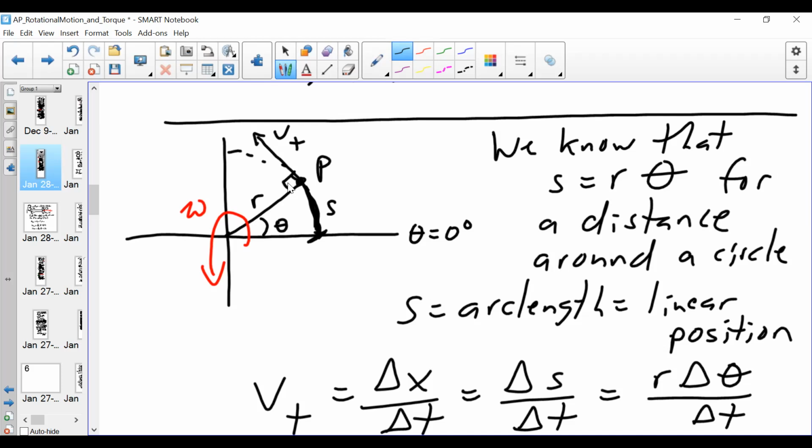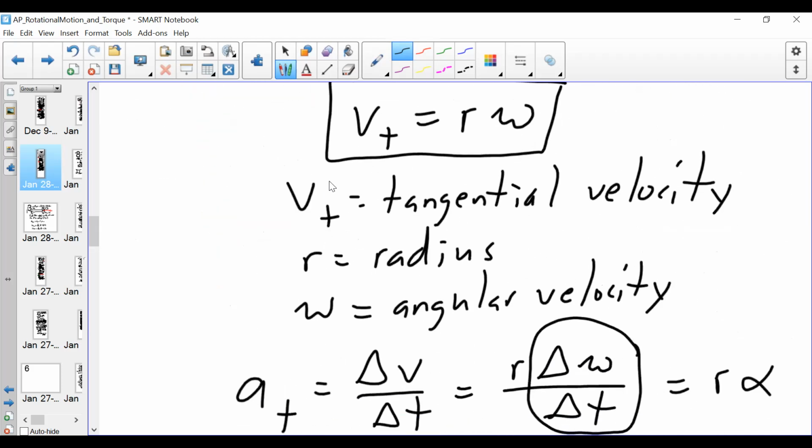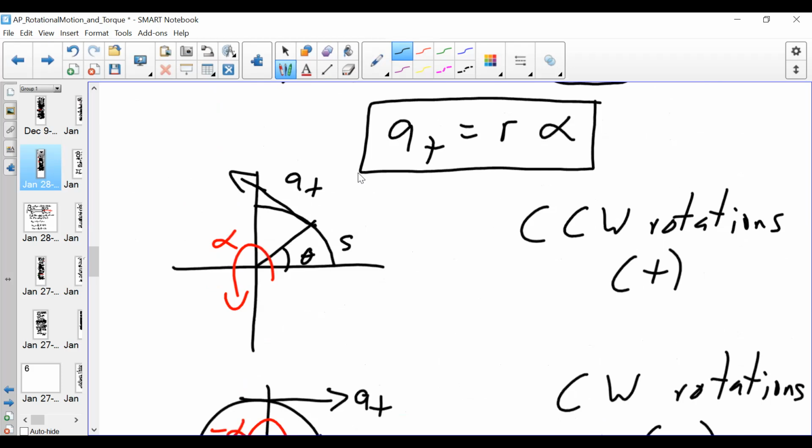They construct a 90-degree angle between tangential velocity, or the linear quantity on the outside, linear velocity, and the radius. There is a linear acceleration forming a 90-degree angle with the radius again.